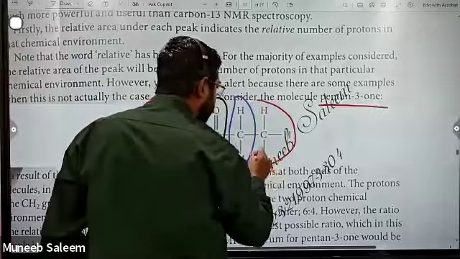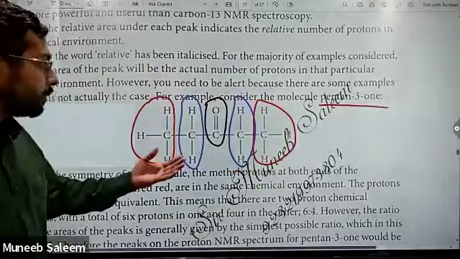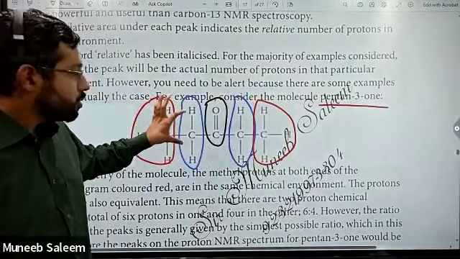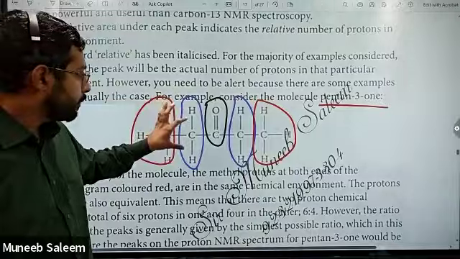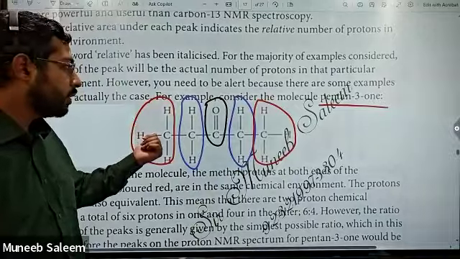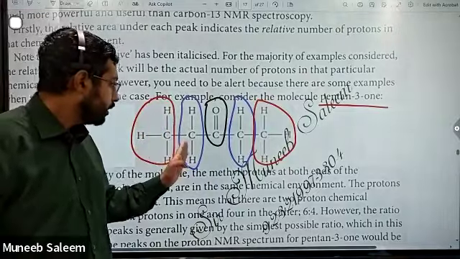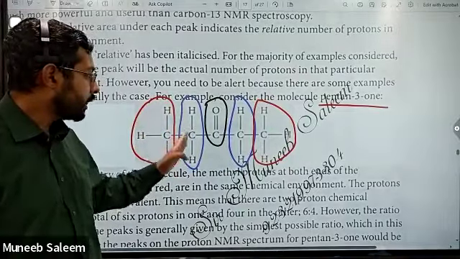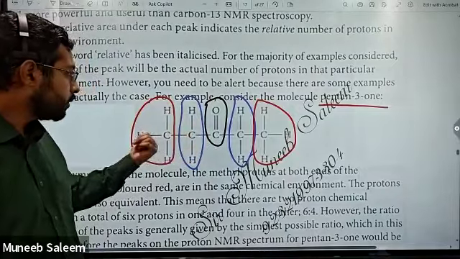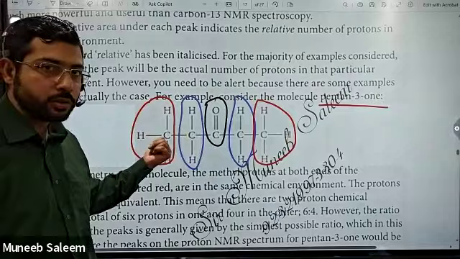Now, because of symmetry in this compound, we will see that the hydrogens of the CH2 group will be different as compared to the hydrogens of the CH3. The reason is that these two hydrogen atoms are connected directly with the carbonyl group, and on the other side with the CH3 group.